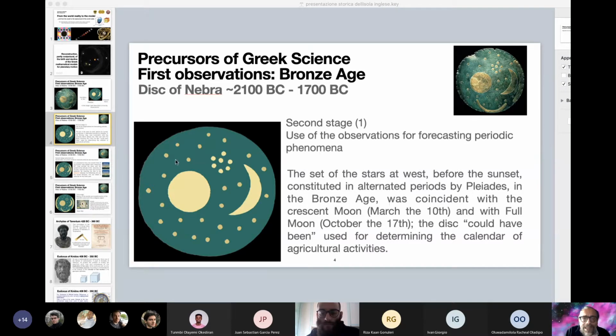So this tool was telling you something like that. When you see at sunset Pleiades, okay, and you see crescent moon, you are in March. If you see at sunset Pleiades at west and you have a full moon, then you are in October.